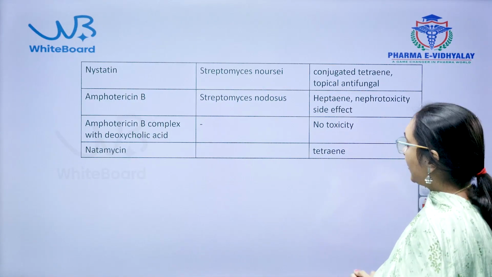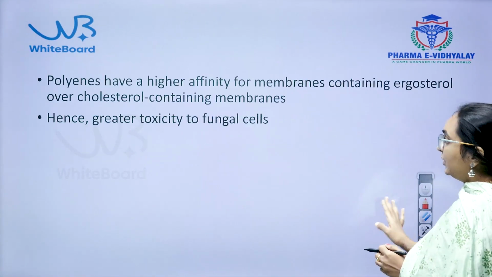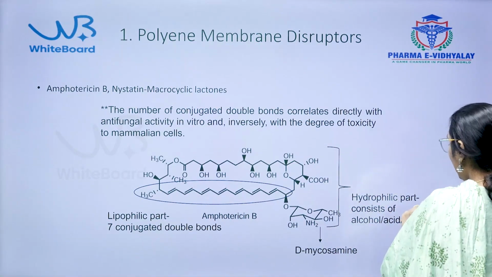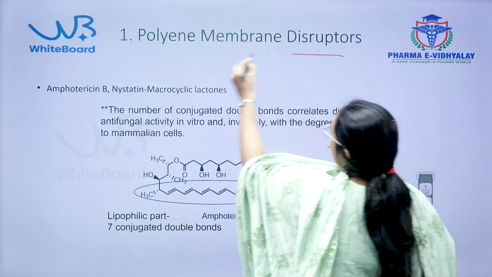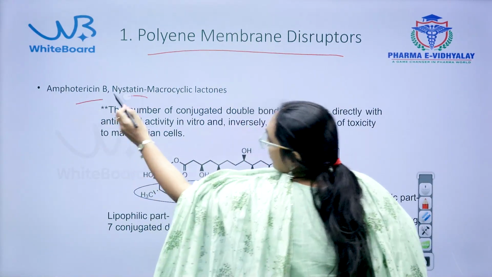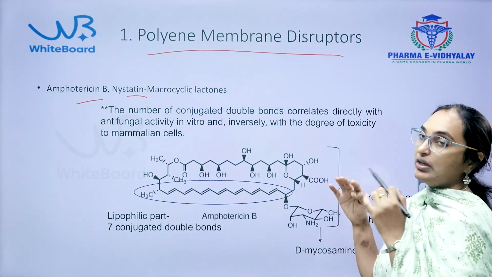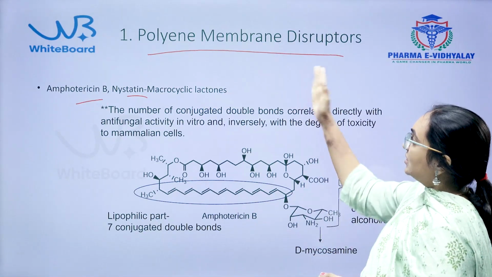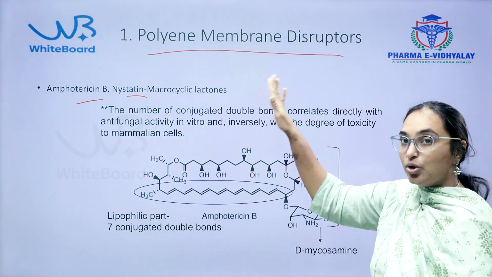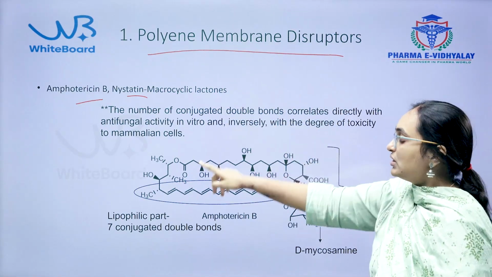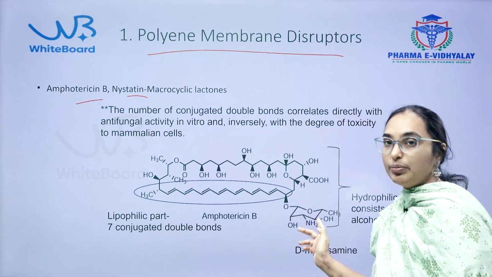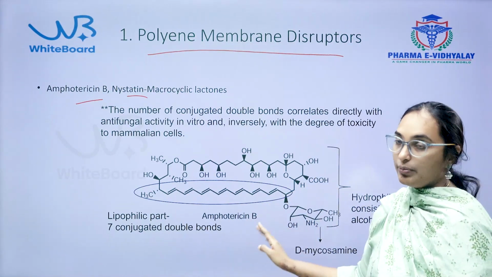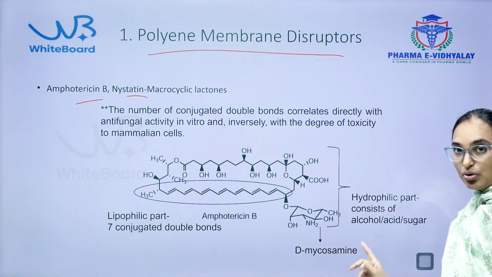So, we'll see again here, polyene membrane disruptors. Examples are amphotericin B and nystatin. These two have a very high affinity to the ergosterol membrane of the fungi, and thereby disrupt it, and these are polyenes because conjugated double bonds are present. 7 conjugated double bonds are present in amphotericin B, which is the lipophilic part, and the sugar part is called D-mycosamine.